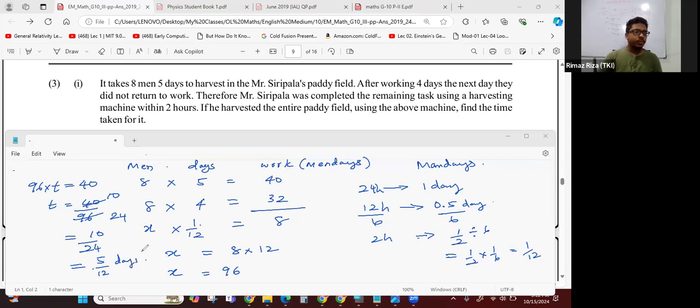So 5 over 12 days, you can convert into hours, or you can keep the answer like this. If you want to convert into hours, 1 day is equal to 24 hours. So 24 divided by 12 will be 2, and 5 times 2, it will take only 10 hours if you use that machine to harvest this field.